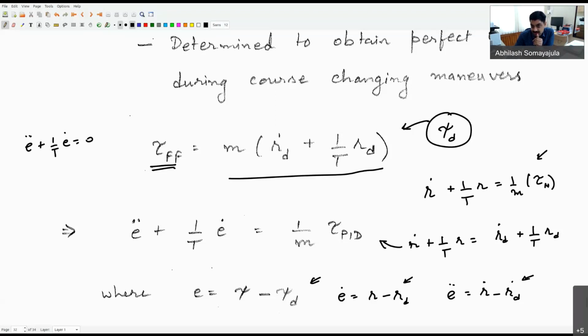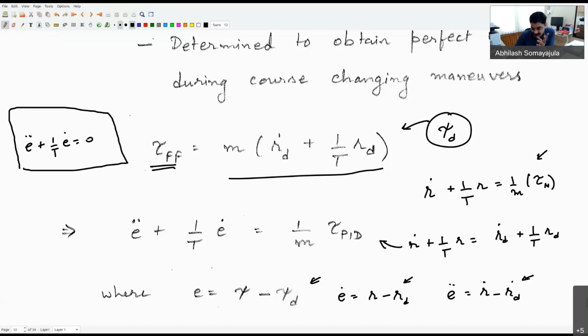Solutions will converge exponentially to e equal to 0. So by applying this feed-forward model, I'm able to ensure that this error term tracks exponentially to the 0 point.